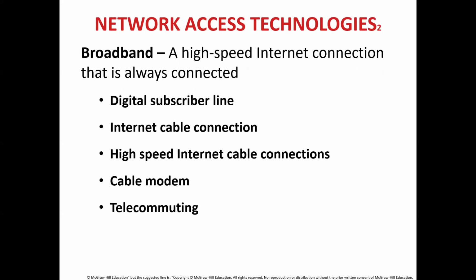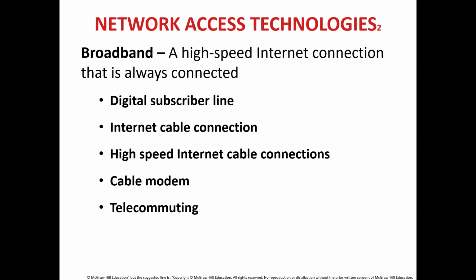Network access technologies continue. Like mentioned earlier, broadband is a high-speed internet connection that is always connected. Some associated terms with broadband include digital subscriber line. Digital subscriber line allows high-speed digital data transmission over standard telephone lines.